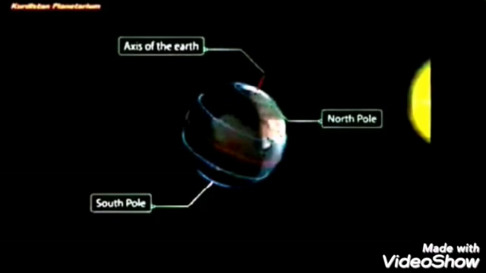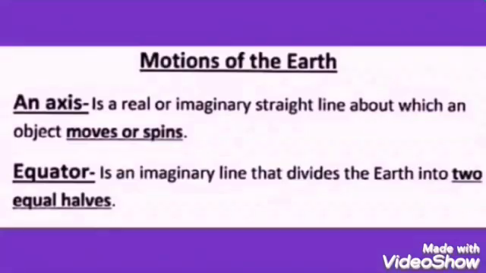The upper part of this is called North Pole, and the lower part is called South Pole. Children, we cannot feel the earth spinning, but it makes one complete turn each day around its own axis. The Earth's axis is tilted.